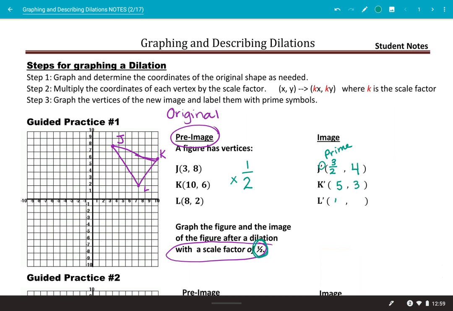Half of 8 is 4. Half of 2 is 1. And so when we draw our next shape, we're going to have J prime, and then 5, 3, K prime, and 4, 1 is L prime. You have to have the primes on there. And we can see it does get smaller.